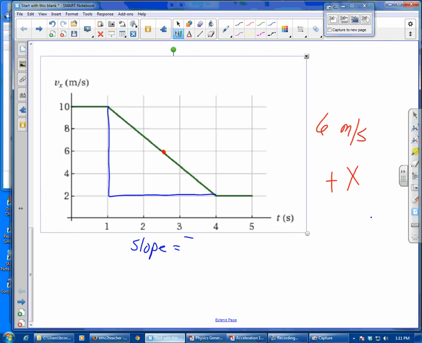So my rise is negative 8, right, from 10 to 2. And my run is from 1 to 4, so that's 3. So I end up with negative 2.67 meters per second, or meters per second squared as they write it. And that's my slope during that time.